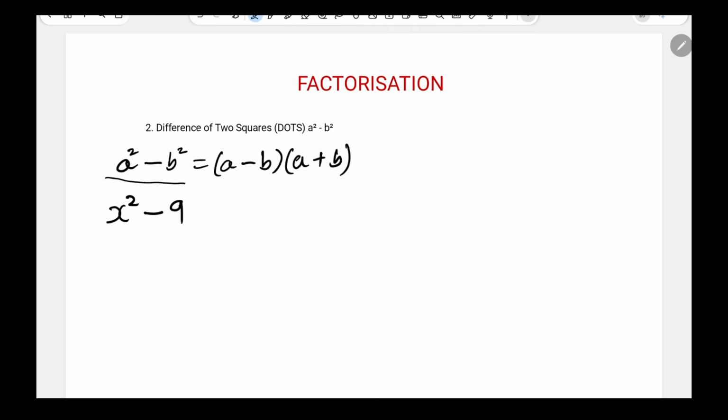The square root of x squared is x. Then 9 can also be written as a square, and the square root of 9 is 3.